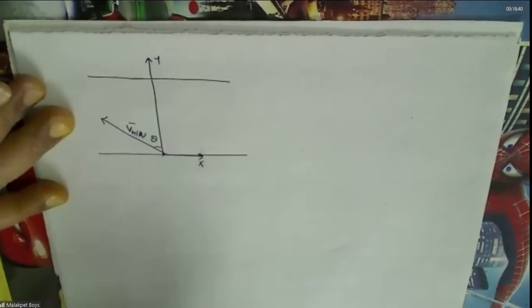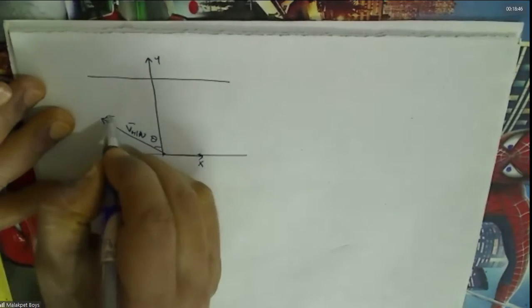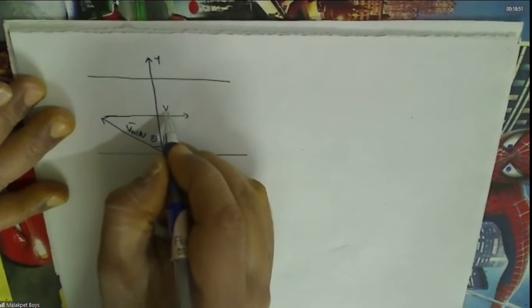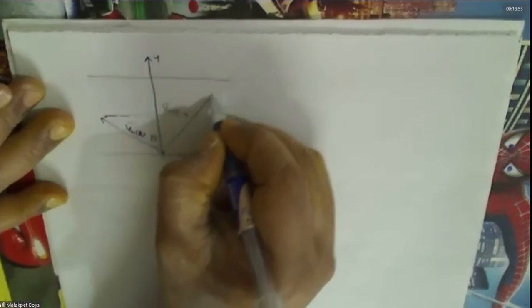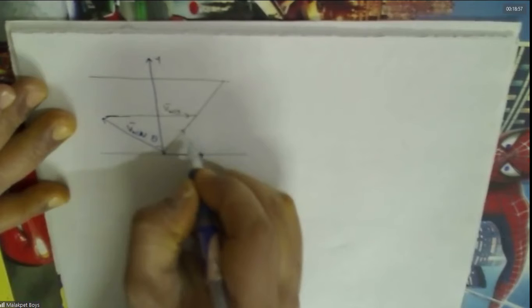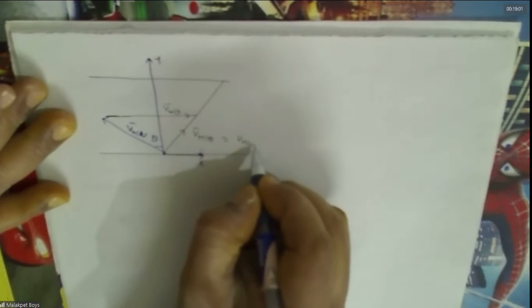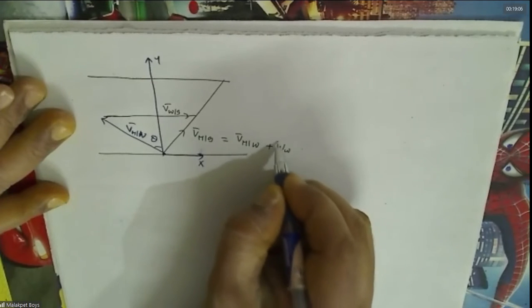He is aiming. But however, what is happening is the water will be pushing him like this. Water with respect to ground. So this is the resultant velocity of the person. It is nothing but vector sum of man plus vector sum of water.